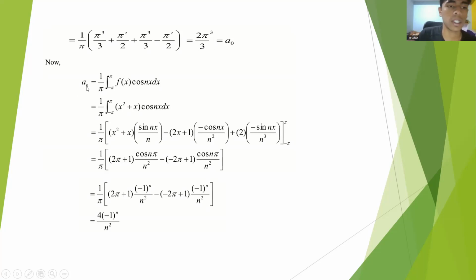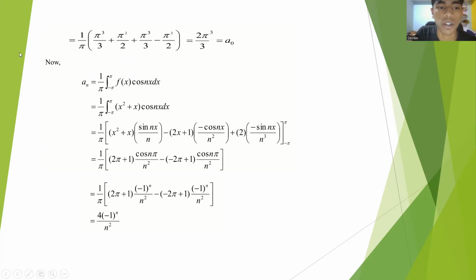Similarly, an is equal to 1 by pi, integral from minus pi to pi of f of x cos nx dx. One more thing that we need to add here, but we forgot, is Bernoulli's theorem. When there are two terms in the integral and they are in product form, we can use Bernoulli's theorem. I'll make sure to add it.